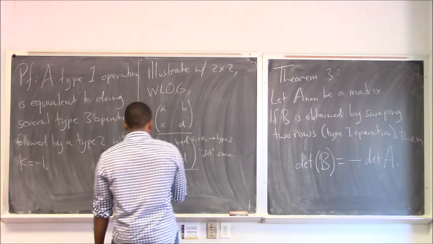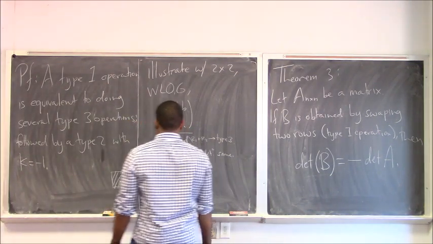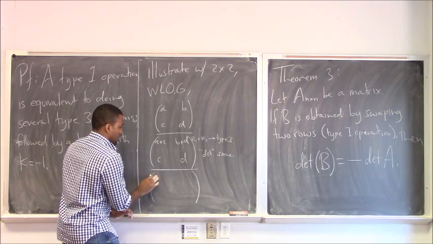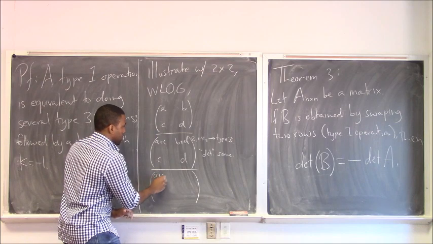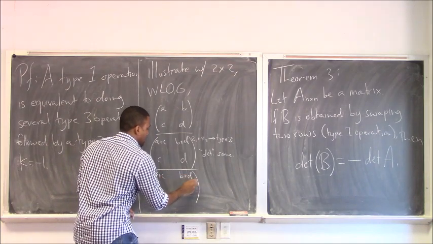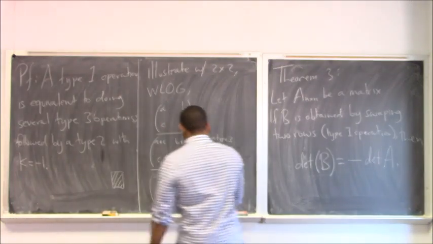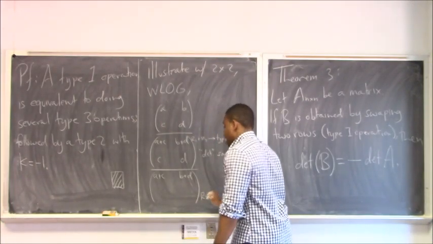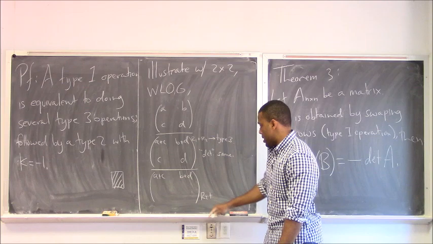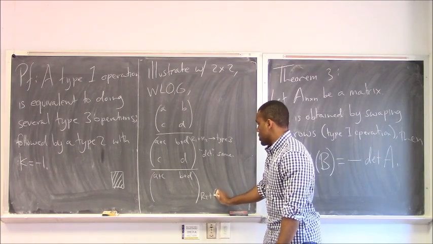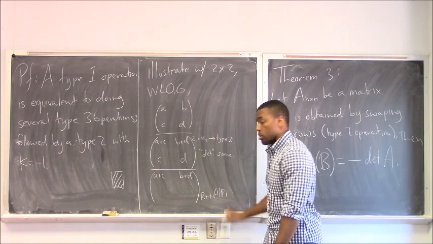Now what I can do is take A plus C, B plus D. Now I'm going to say, take row 2, the row I'm changing should not be scaled by anything, and I'm going to add to it -1 times row 1.